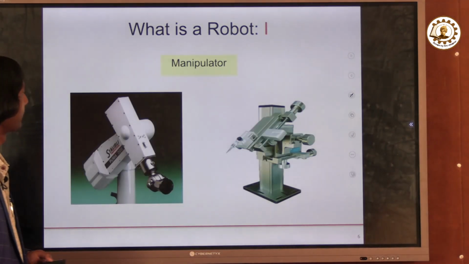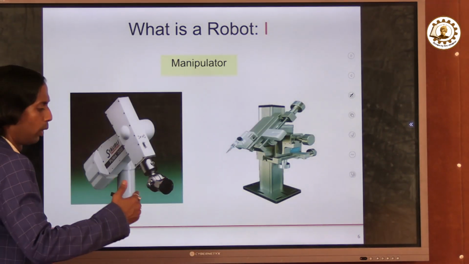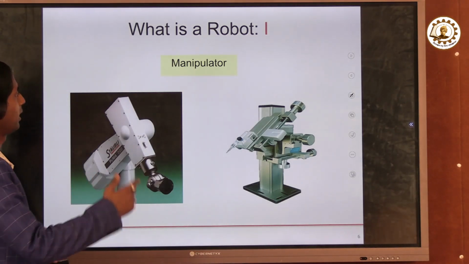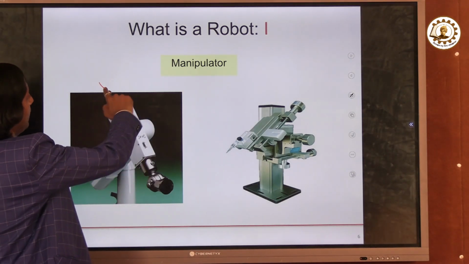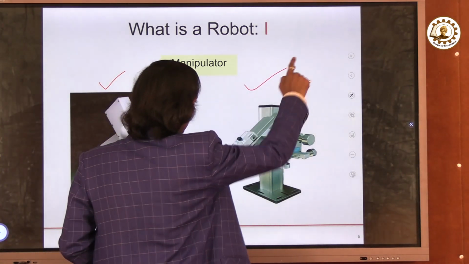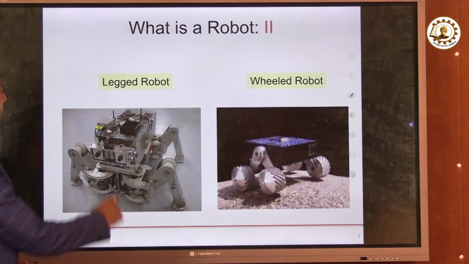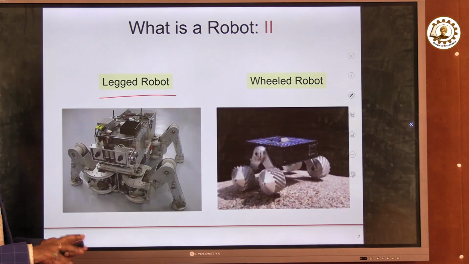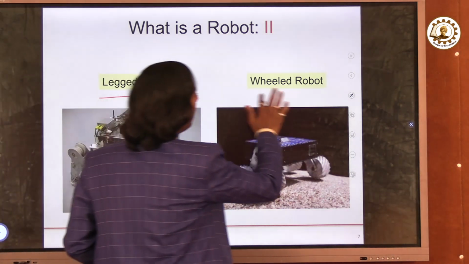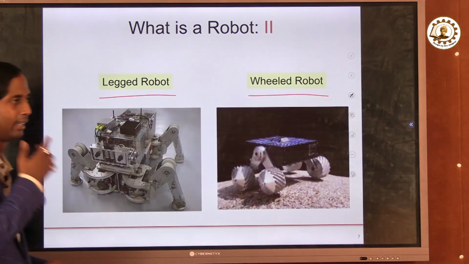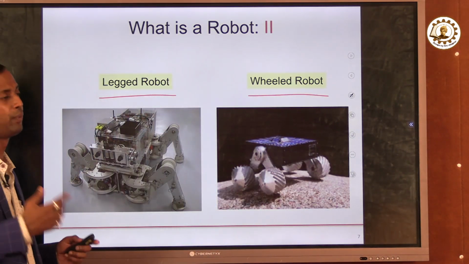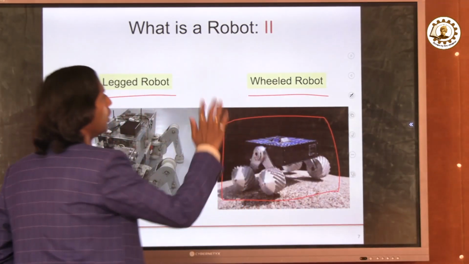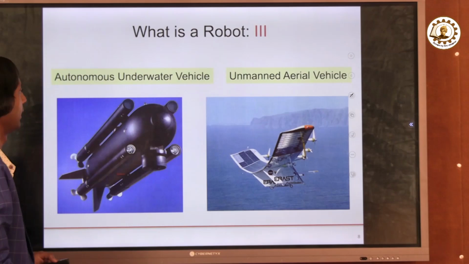Now slowly I am entering the depth of robotics. Previously we have seen this type of manipulator. Then leg robot, that means it walks just like an animal. This wheel robot, you see this type of wheel robot in some movies and in the defense industry.